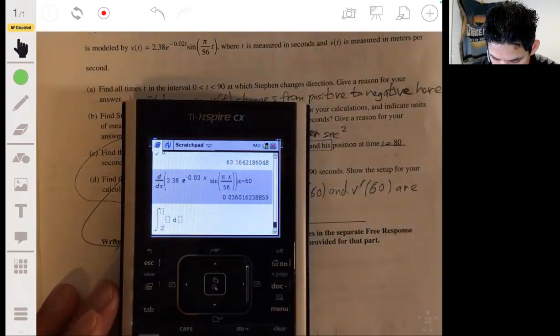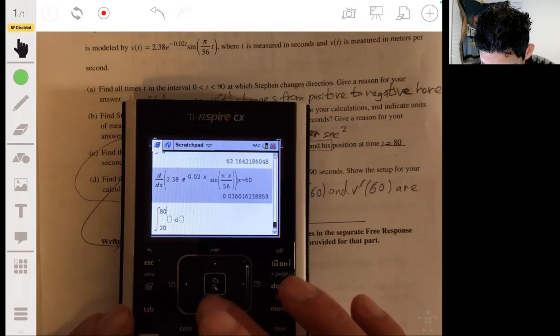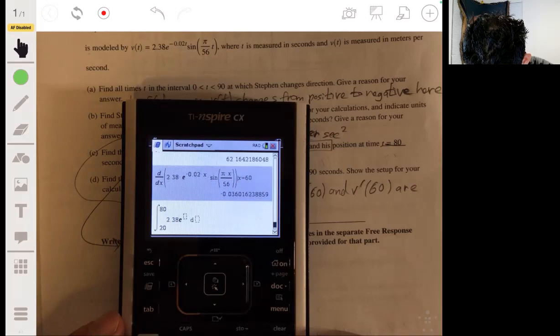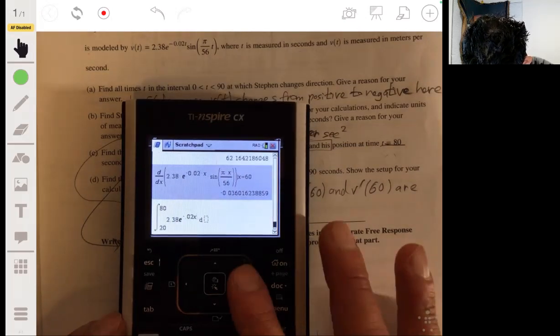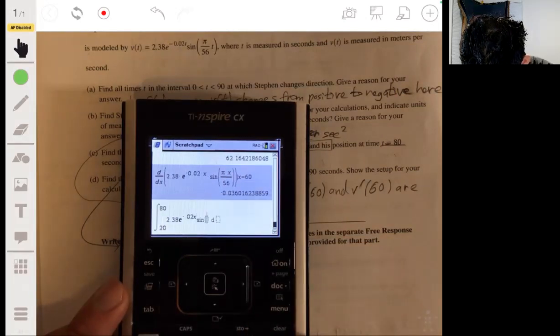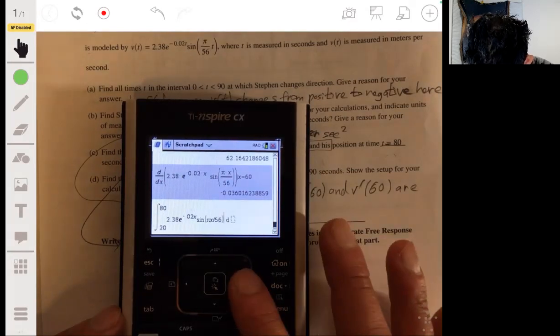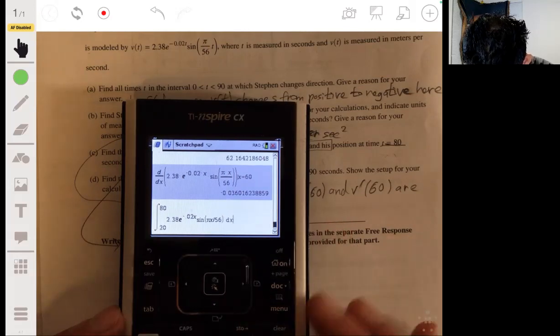Okay. 2.38 e to the negative 0.02x times sine of pi x over 6 dx.